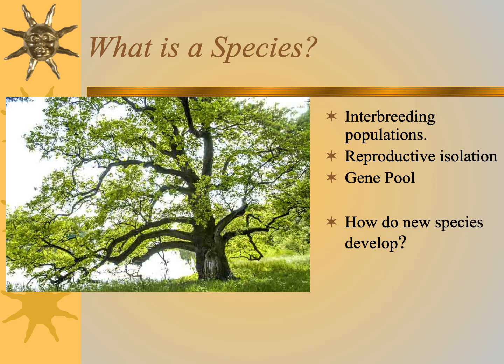It has to do with interbreeding populations, that these organisms, the oaks, can produce offspring with other oaks, but not oaks that are not white oaks. Only white oaks can interbreed with white oaks. And so they're reproductively isolated from other such groups, and they all share a gene pool.